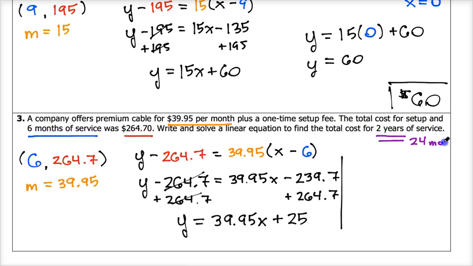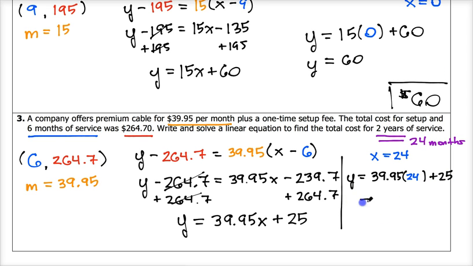So when we substitute in for x into our equation, we're not going to substitute a 2, we're going to substitute a 24. So x is going to be 24 in our equation here. So we'll take 39.95 times 24, and to that add 25.